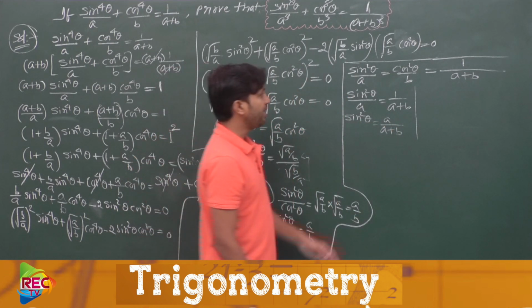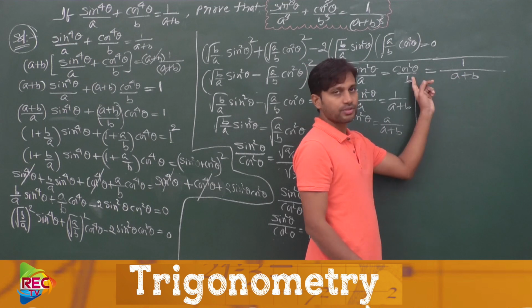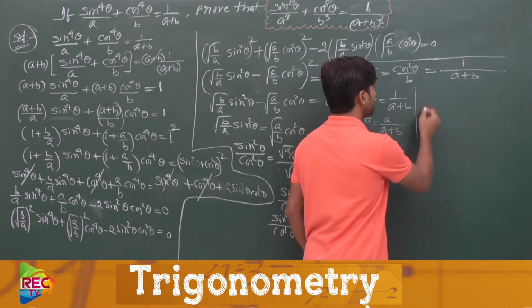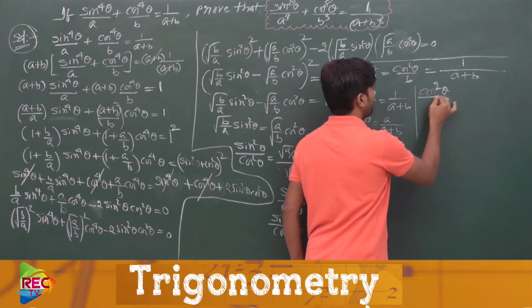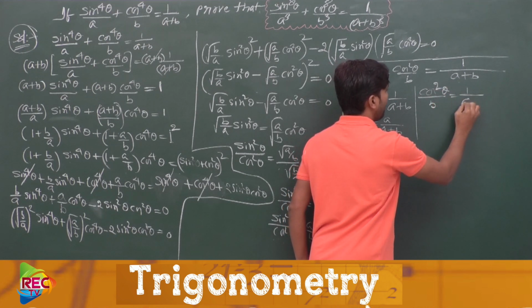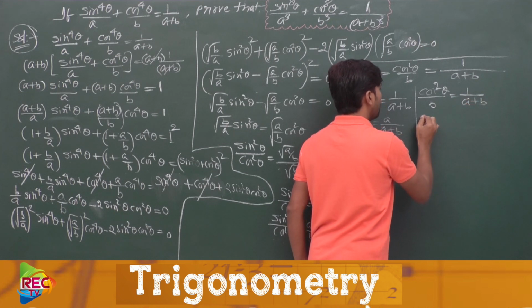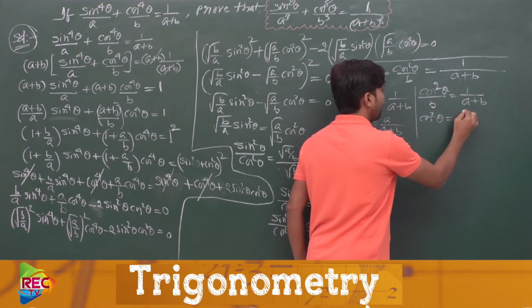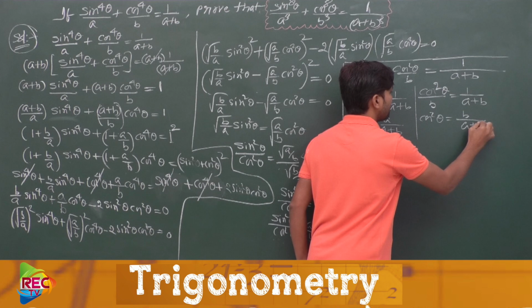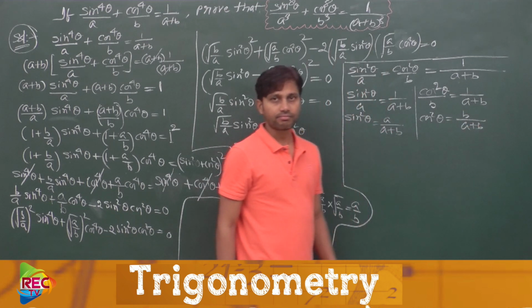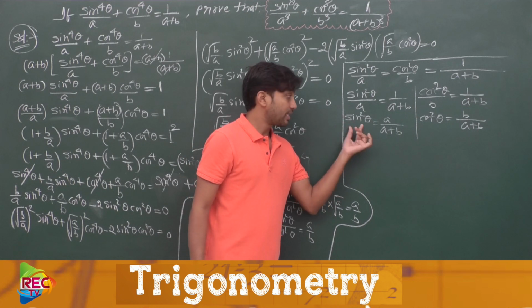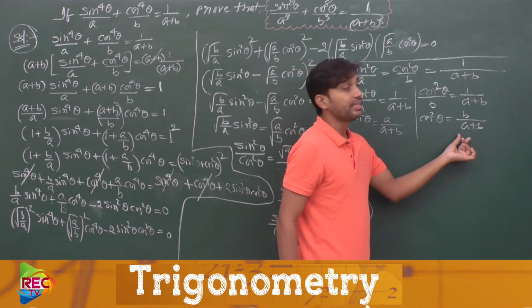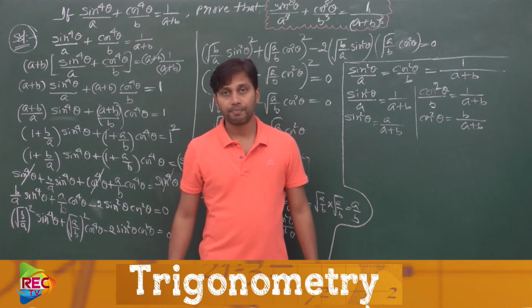Similarly, if you consider these two equal ratios, cos square theta by b equal to 1 by a plus b, here cos square theta is b by a plus b. So we could obtain the values of sin square theta and cos square theta in this problem.